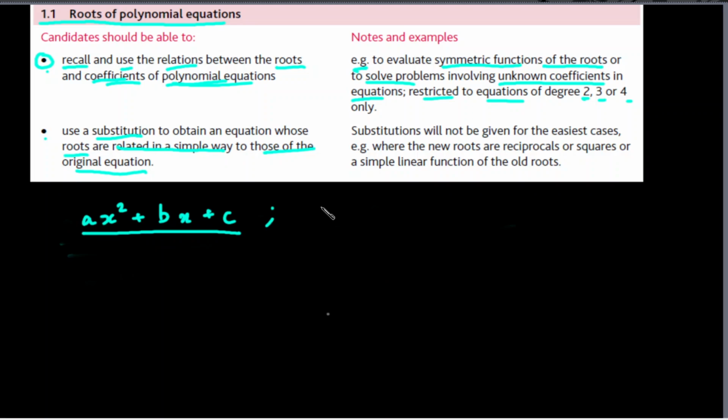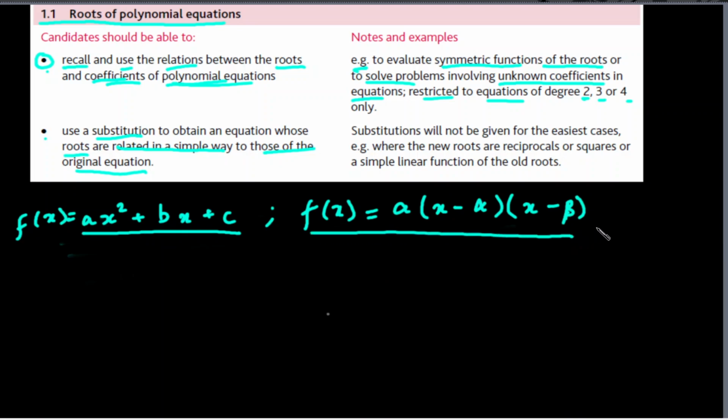So then we have, let's just write this as f of x, right, equals, well, a, because that's our coefficient outside, times x minus alpha times x minus beta, where alpha and beta are our roots, right?